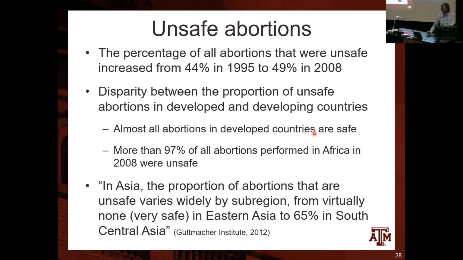More than 97% of all abortions performed in Africa are unsafe, based on data from 2008, and in most of these countries abortion is illegal. In Asia, the proportion of abortions that are unsafe varies widely by sub-region, from virtually none in Eastern Asia to 65% of unsafe abortions in South Central Asia.